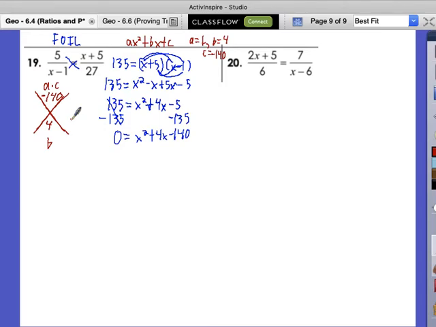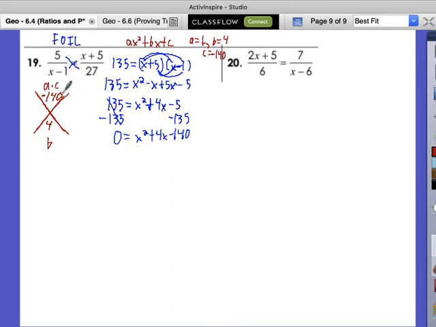Now we need to figure out two numbers that can go here. We're going to put one number on the left, one number on the right, to where they multiply to the top. These two numbers will multiply to get negative 140, but they will add to get the bottom, 4. If they're going to multiply to a negative number, what do we know about the two numbers?